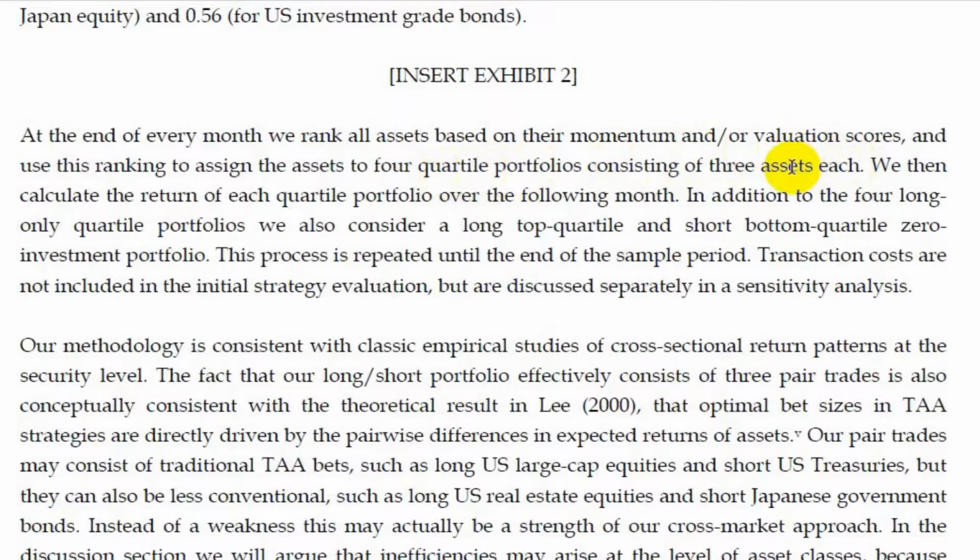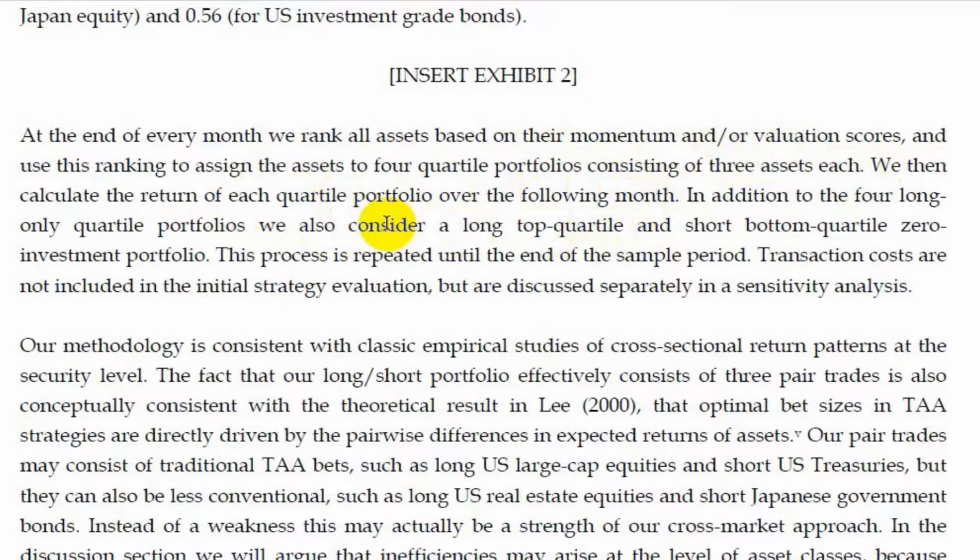So you remember we have 12 asset classes, so they rank them and then put the top 3 asset classes in one quartile, the next 3 in the next quartile, and so on and so forth. So each quartile will have 3 asset classes. And with each of the quartiles, they will calculate the 1-month return.